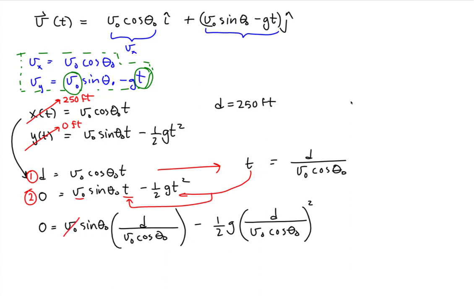Well, v naught cancels with a v naught out of that first term. So we have 0 equals d tangent of theta naught minus 1/2 g d squared over v naught squared cosine squared theta naught.